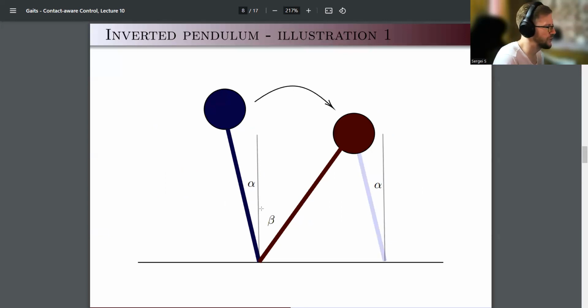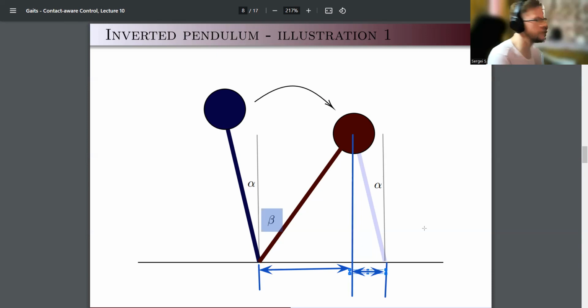This is constant, it means that this distance is constant. But alpha can be decreased, and alpha corresponds to this distance. And if alpha decreases, the total step length decreases.